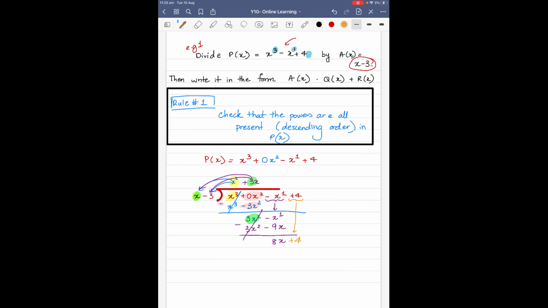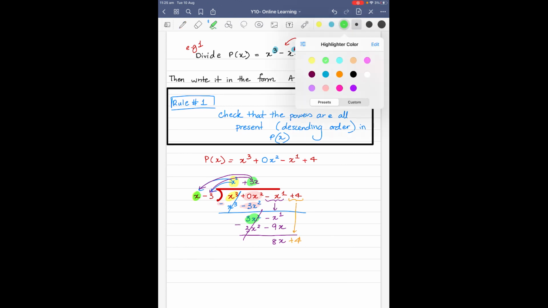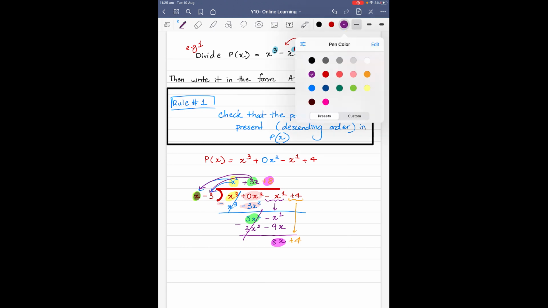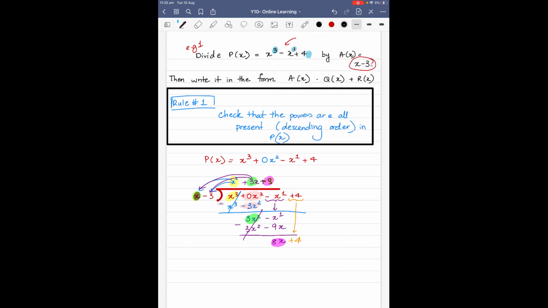So the next one is going to be x times something has to give you 8x. And we know that x times 8, I'm just going to use a different color so you guys can see, x times 8 is going to give you 8x. 8 times minus 3 is minus 24.